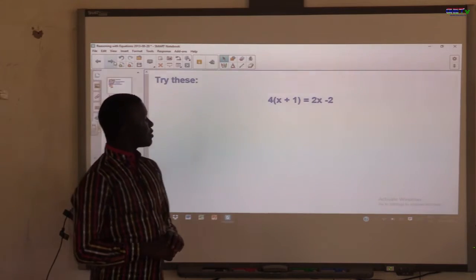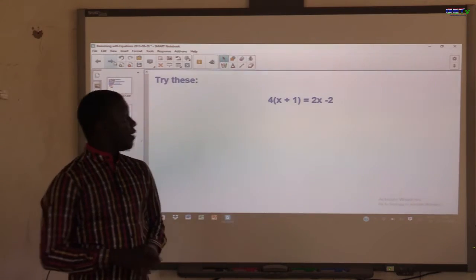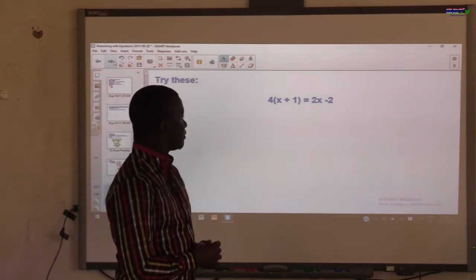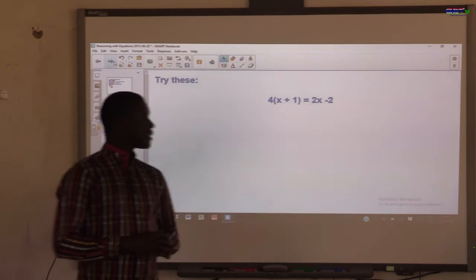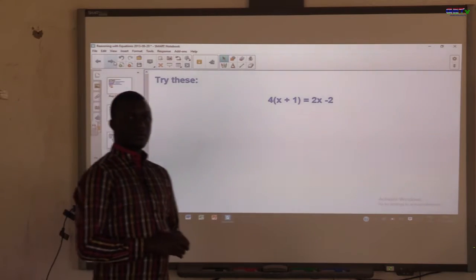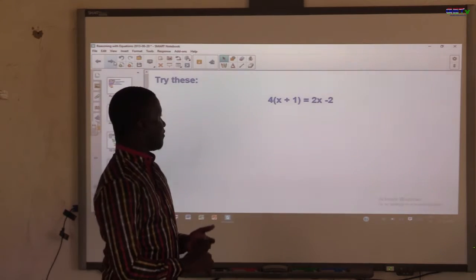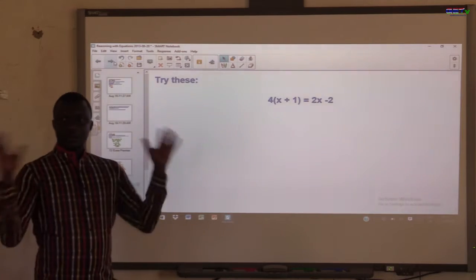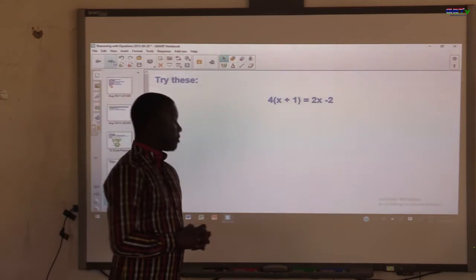We will try this together as well. We have 4 into x plus 1 equals 2x minus 2. First, we use our distributive property to expand the bracket.